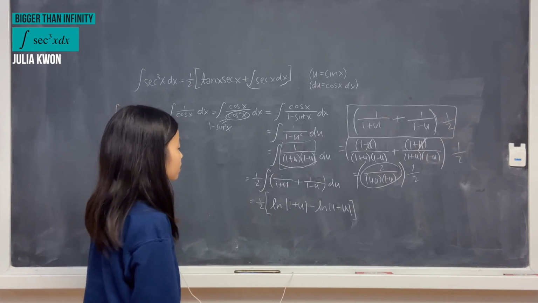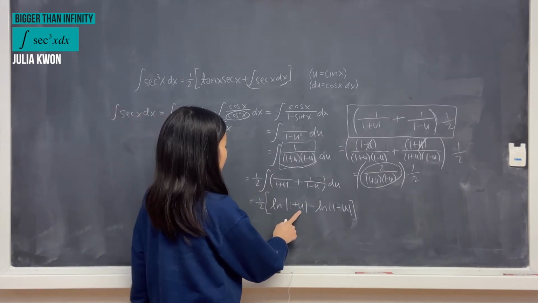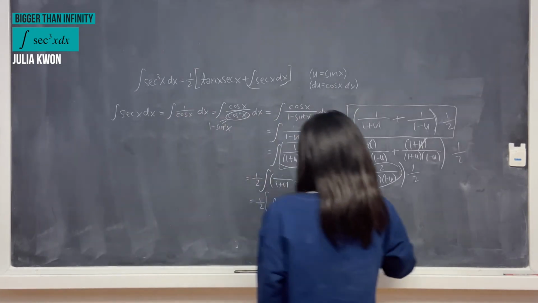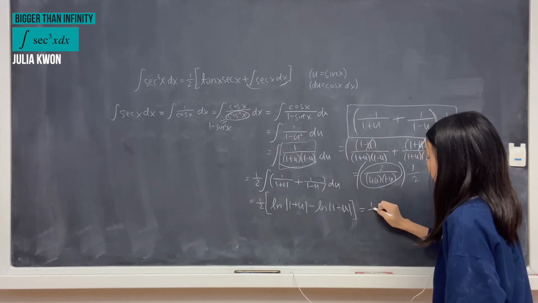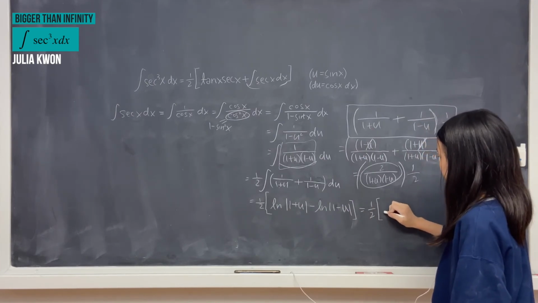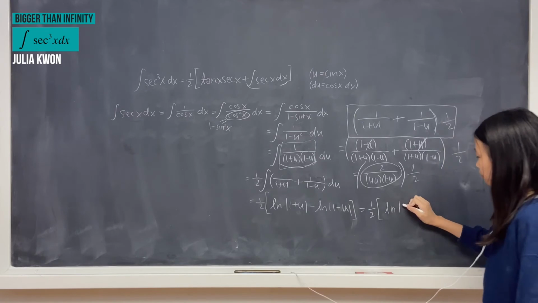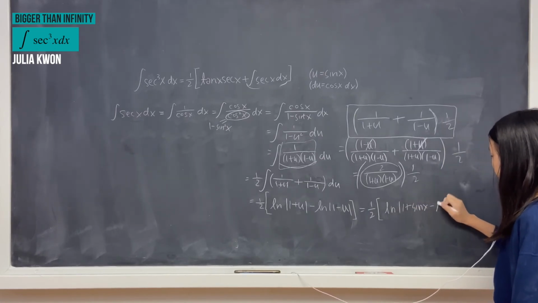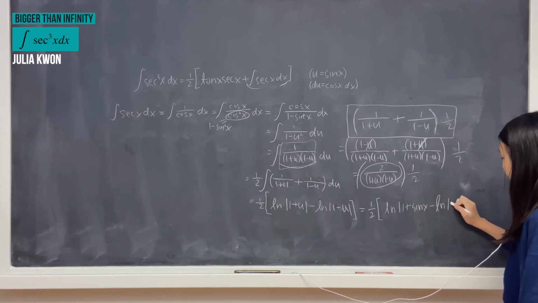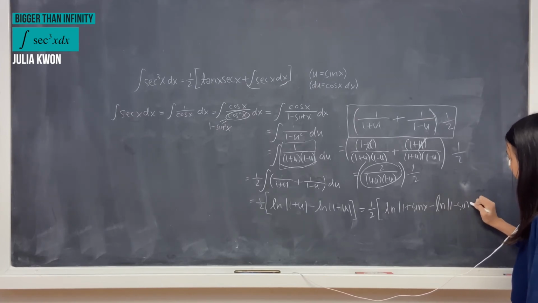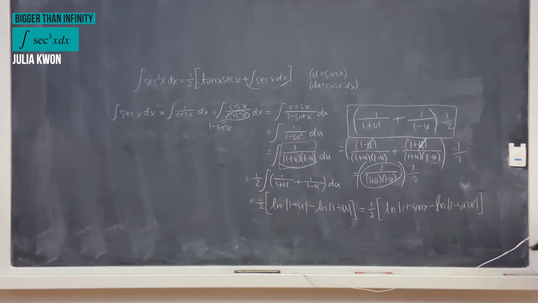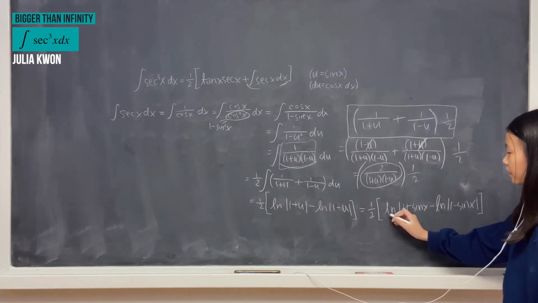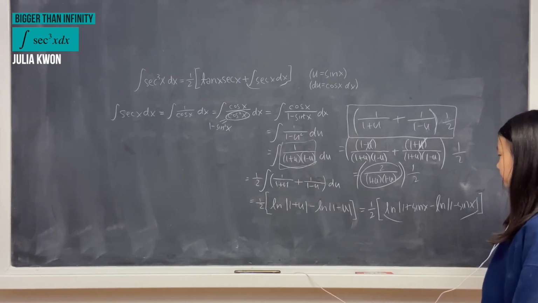And finally, we can just substitute the u back in, and the u is sine x. So that will get us to 1/2 times ln 1 plus sine x minus ln absolute value of 1 minus sine x. Now, we can use the property of logarithms to simplify this part more.